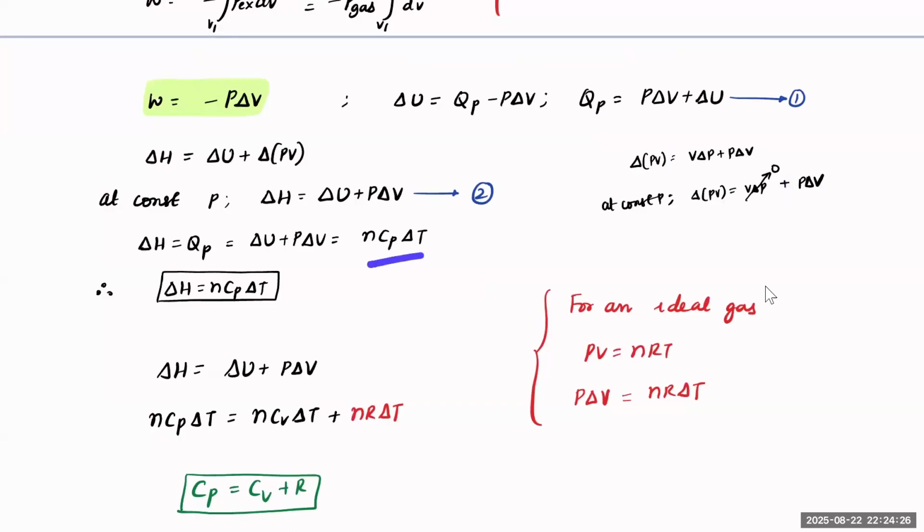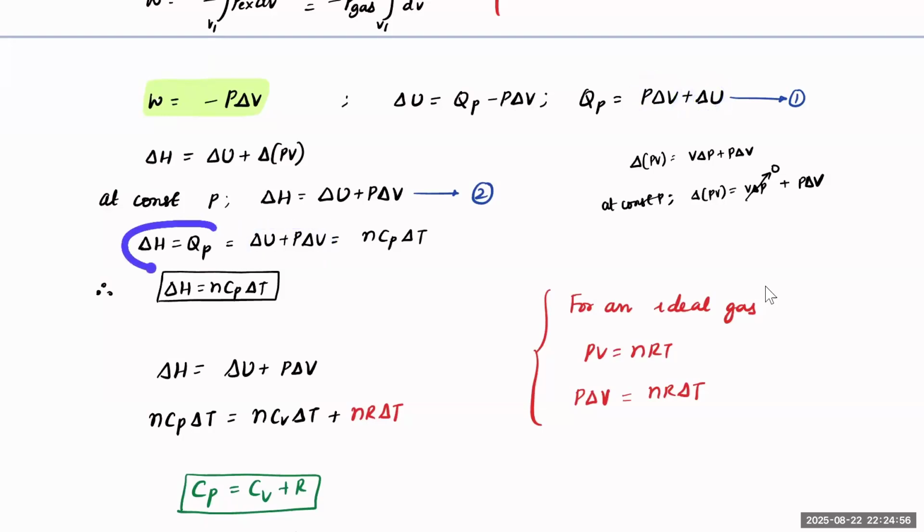You can see it will be P delta V here. And you know that delta H is equal to QP, because how can we write that? Delta H is equal to delta U plus P delta V. Isn't it? Now, QP from this equation, you could notice, is the same as P delta V plus delta U. This is what we got.